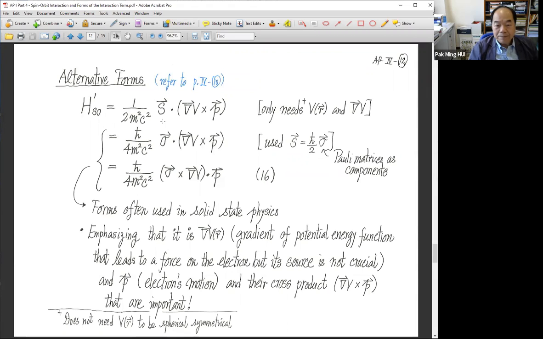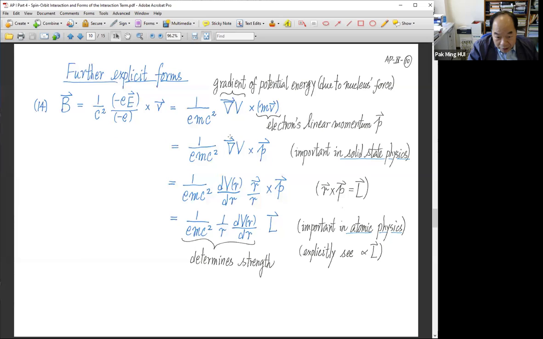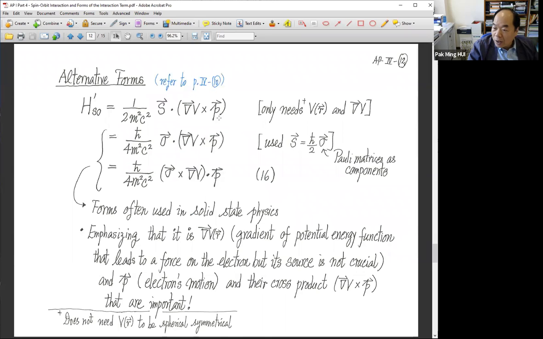So form number 1, I take this, the constant, okay? And then I have the B field being grad V cross P, okay? I'm using this, okay? And then I will dot it into the magnetic dipole moment that is expressed as minus S with a factor, okay?